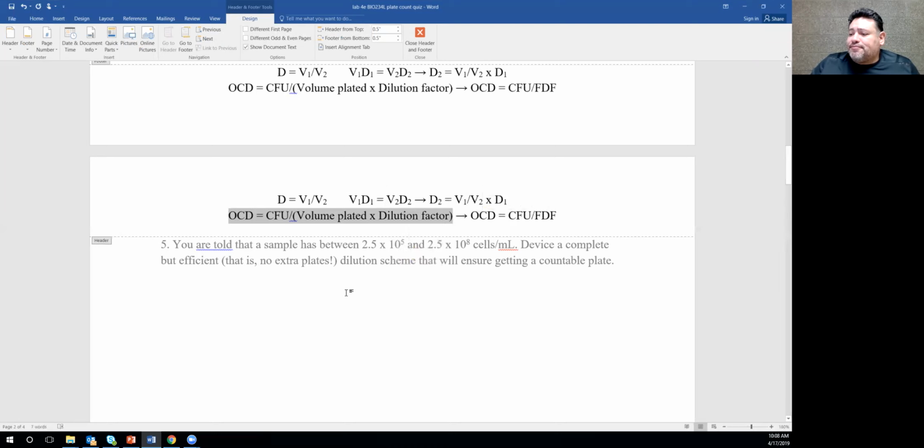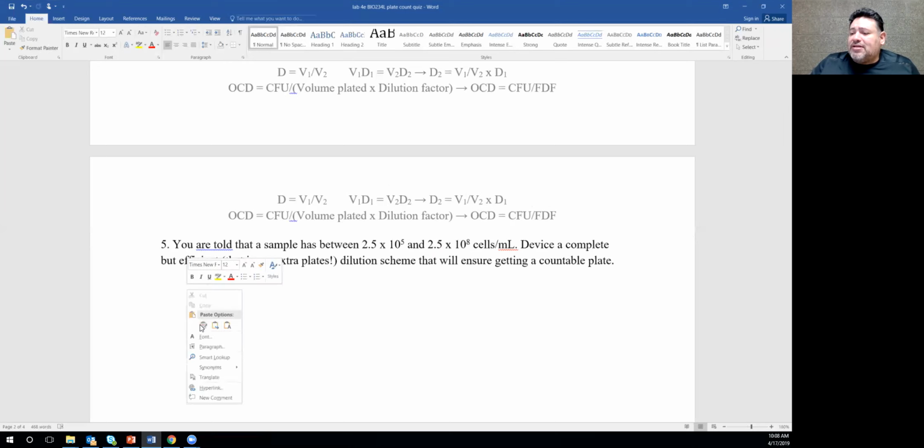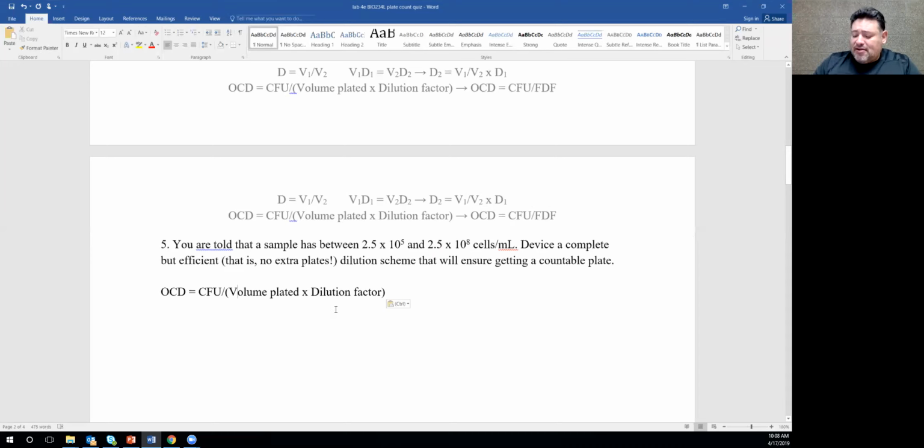Again, we're going to paste it down here, and I'm going to make it a little bit shorter. Instead of volume plated, I'm going to call it VP, because I like it short. Instead of dilution factor, I'm going to use DF. So we have a dilution factor and a volume plated.